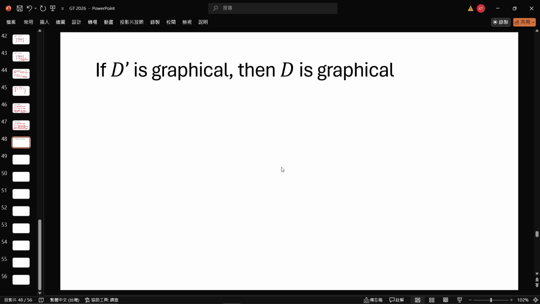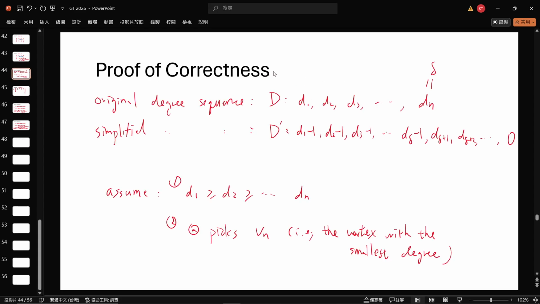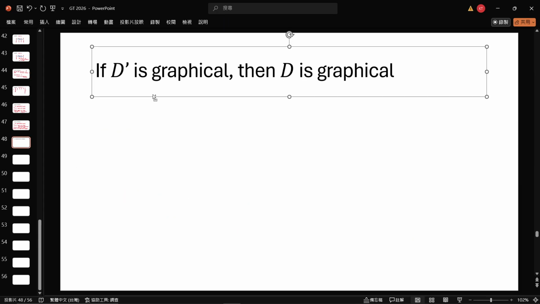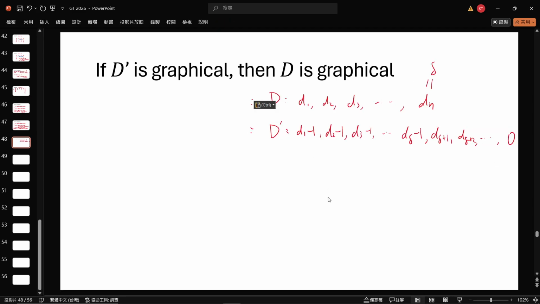So what is the setup? Recall D prime is the simplified degree sequence, and D is the original degree sequence. This is our setup. The assumption is that the simplified degree sequence is graphical.